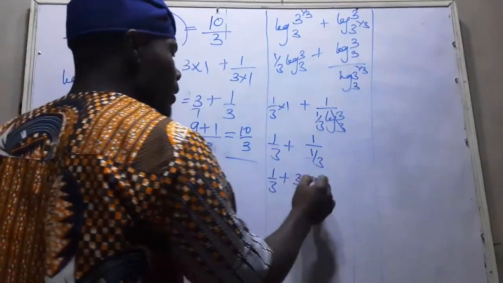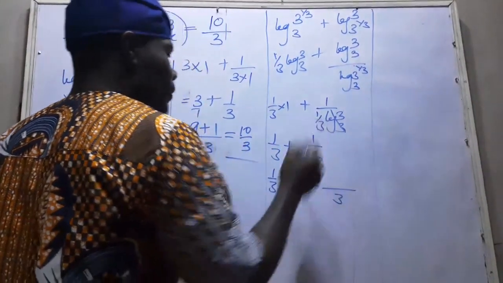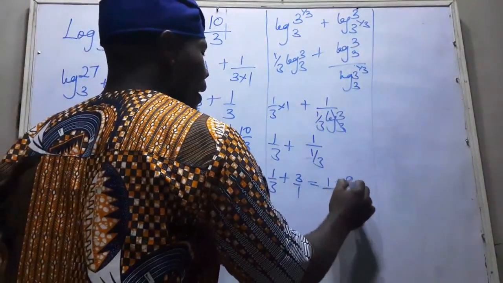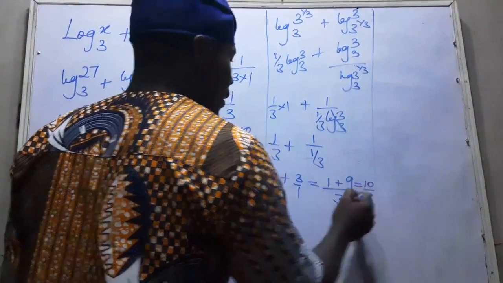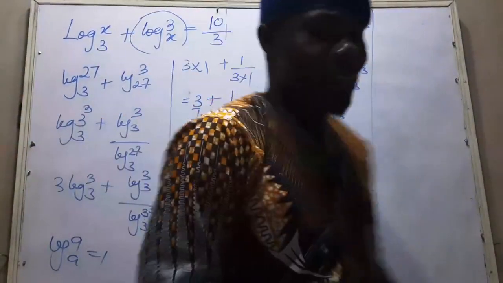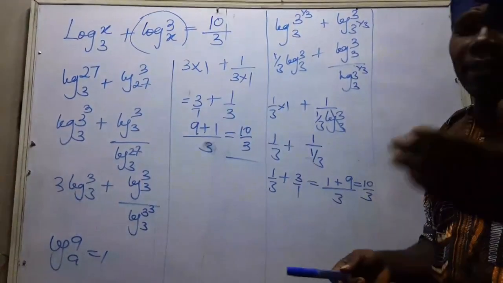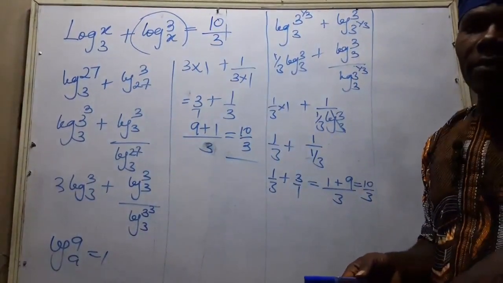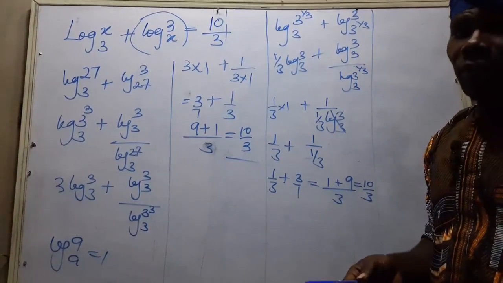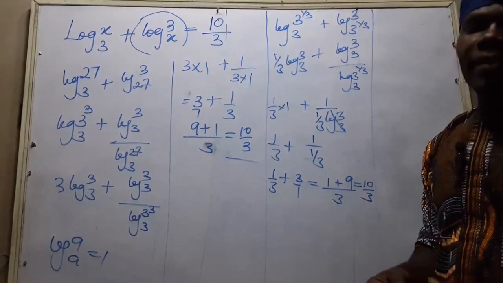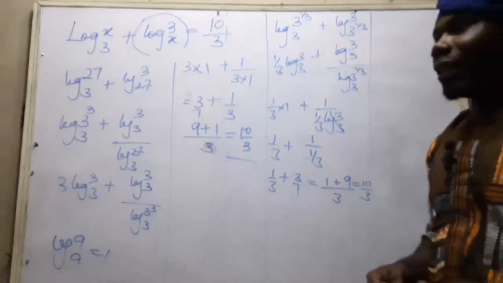What is the LCM? 3. So we have 1 plus 9, which is also 10 over 3. So that tells us that our answers for this question are correct: the first value of x is 27, and the second value of x is the cube root of 3.